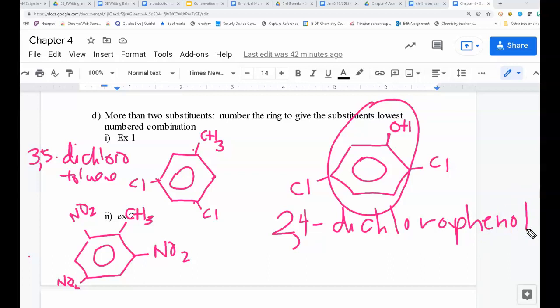Now, here's an interesting one right over the top of example number 2. I can see that I have the toluene group right here. But I see 3 things attached to it. I see the nitro groups are in carbon number 2, 4, and 6. So this is actually called 2,4,6-trinitrotoluene.